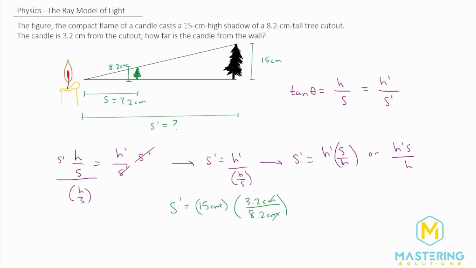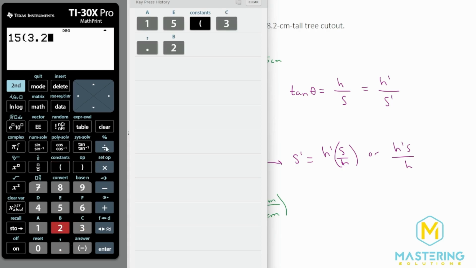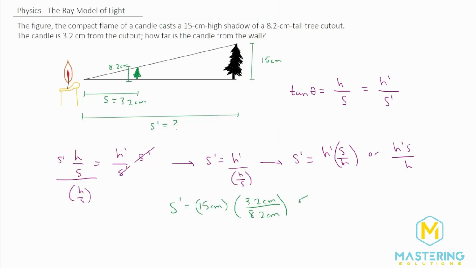All the centimeters are going to cancel here. Plugging this into our calculator, we have 15 centimeters multiplied by 3.2 centimeters divided by 8.2 centimeters, and that gives us 5.9. So we have 5.9 centimeters for our image distance, or the distance from the candle to the shadow on the wall.